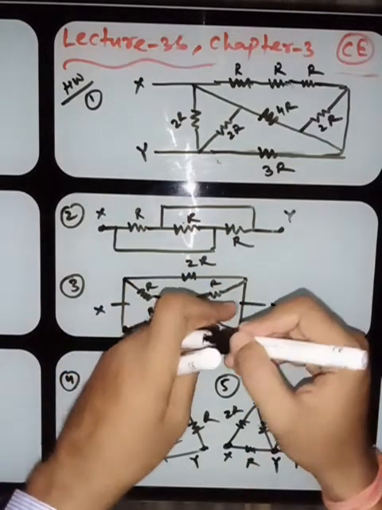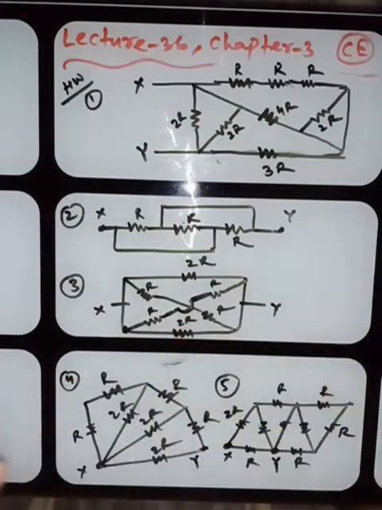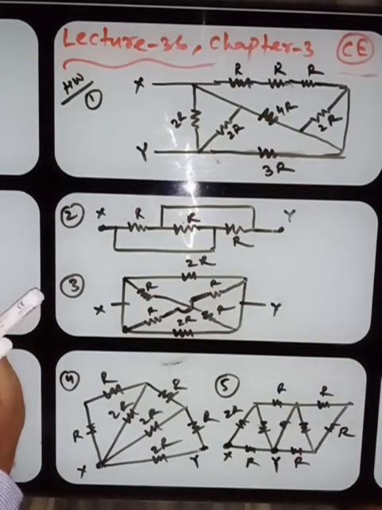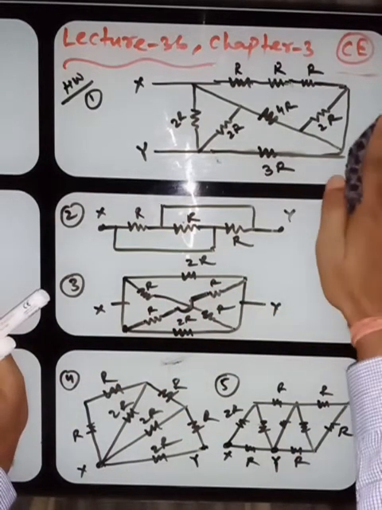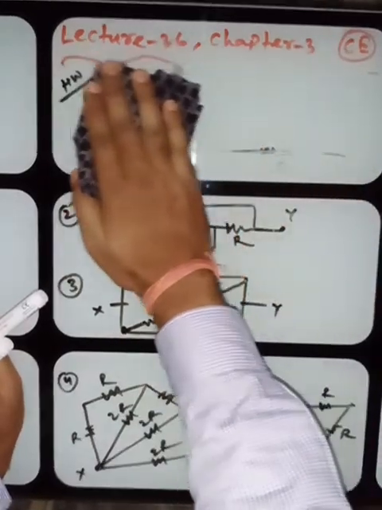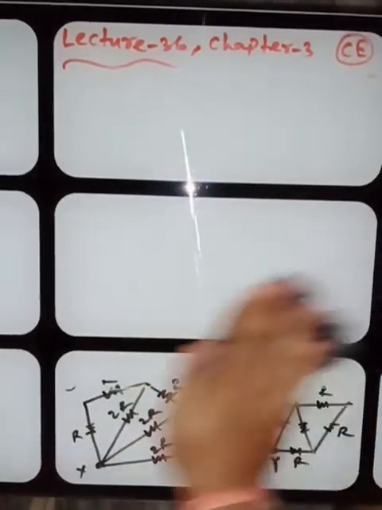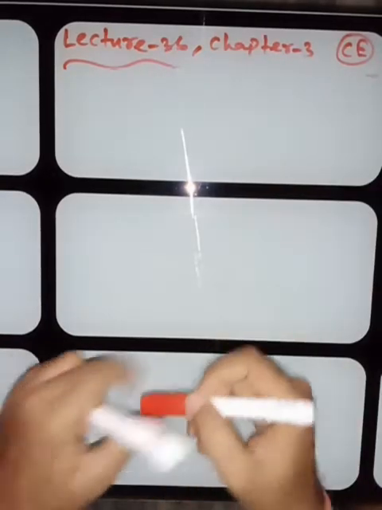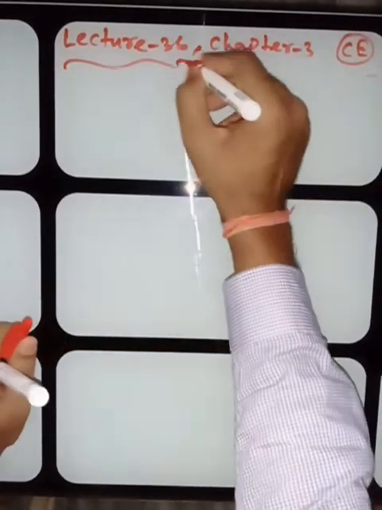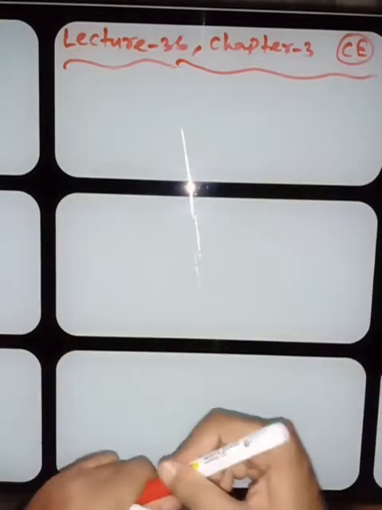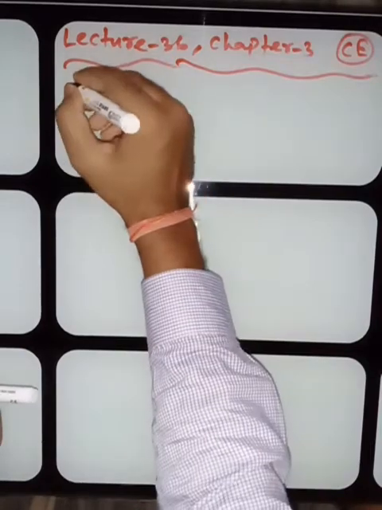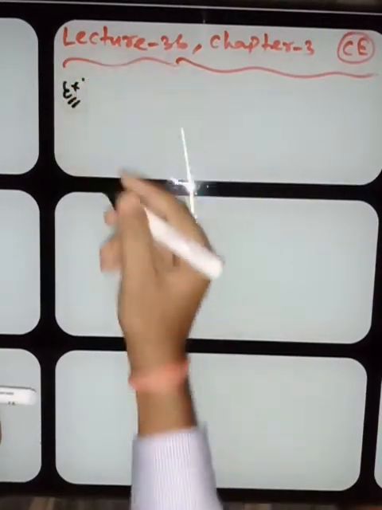Now another type of question we will discuss today. Let me wrap this one. Now students, this is a conductor, one example I am discussing.